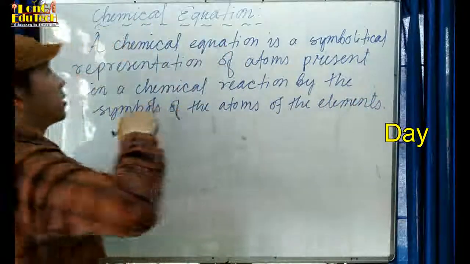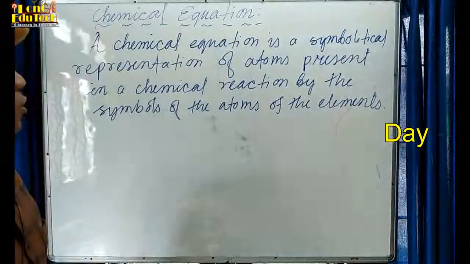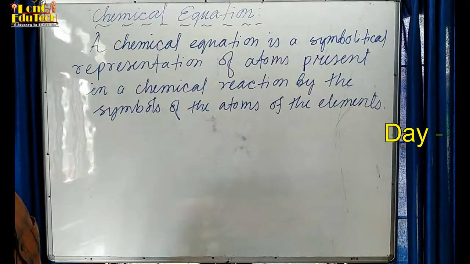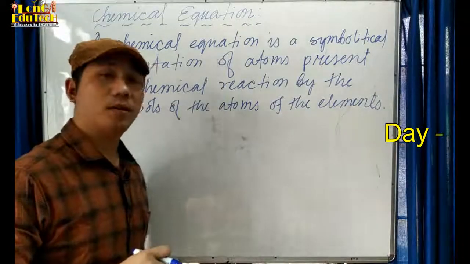Okay, so a chemical equation is the symbolical representation of atoms present in a chemical reaction by the symbols of the atoms of the element.